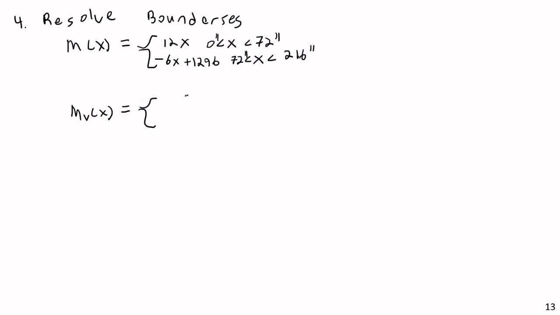And then the virtual moment will be equal to 4x when x is between 0 and 72, and negative 1/3 x plus 72 when x is between 72 and 216.